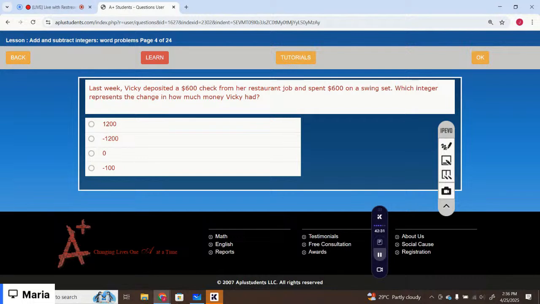Last week, Vicky deposited a $600 check from her restaurant job and spent 600 on a swing set. Which integer represents the change in how much money Vicky had?